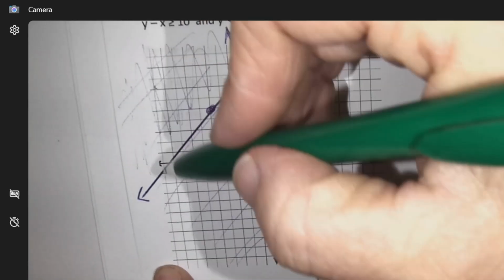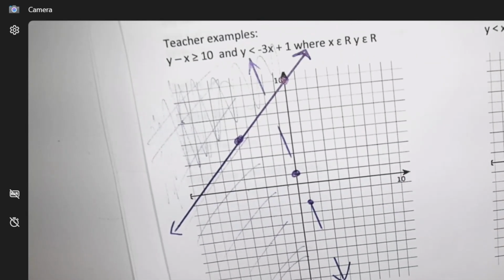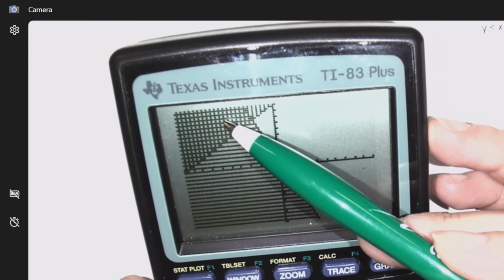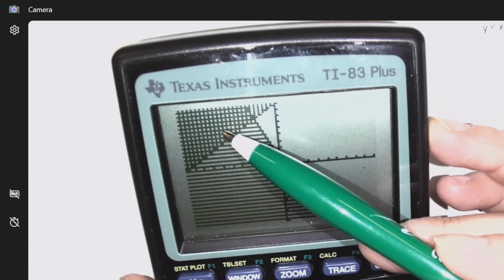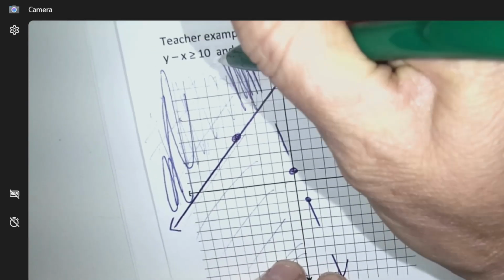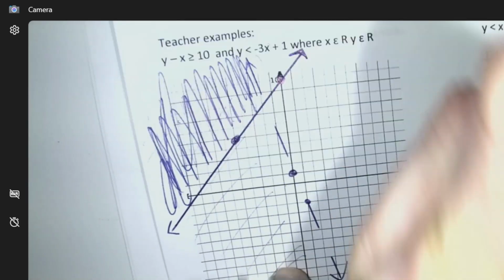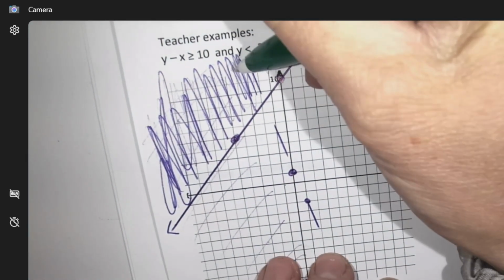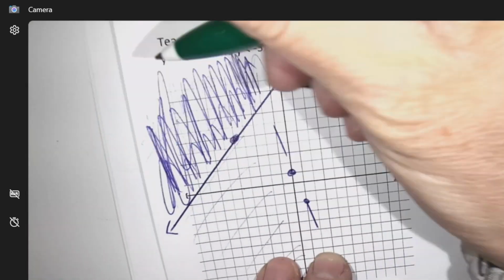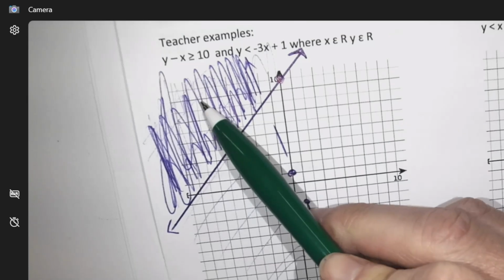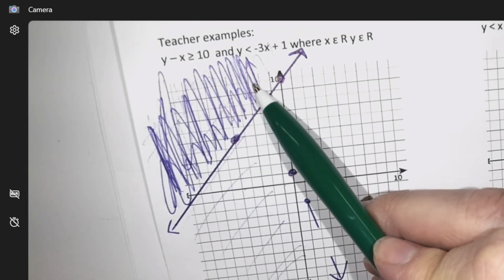So I'm above this one and on that one. So which shaded area works for both of them? Can you see this is the shaded for both of them? So any coordinate in that little triangle zone. Okay, I can be on this line, in this zone. I can't be on that line though.